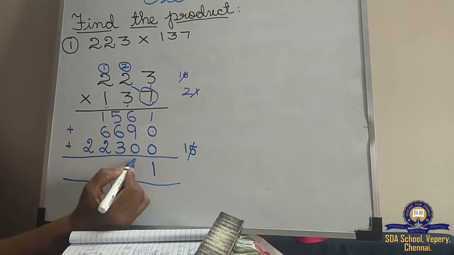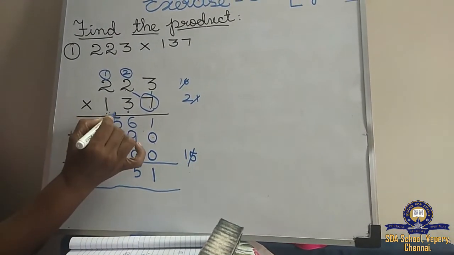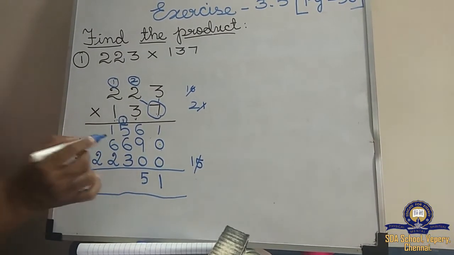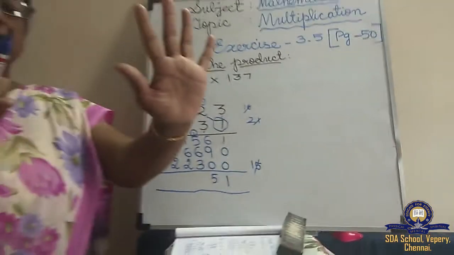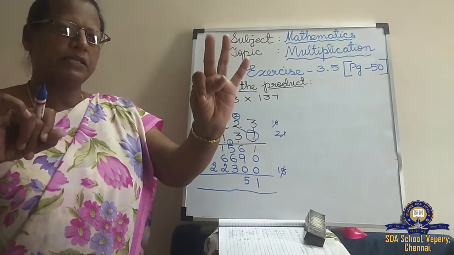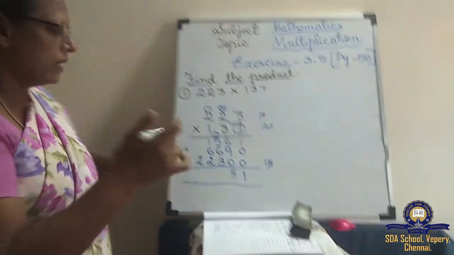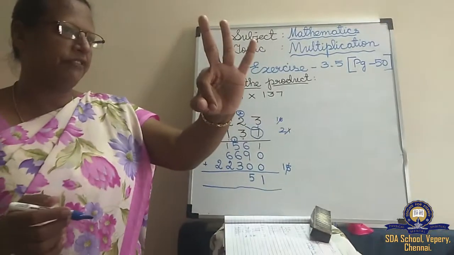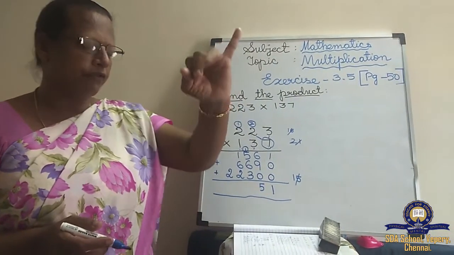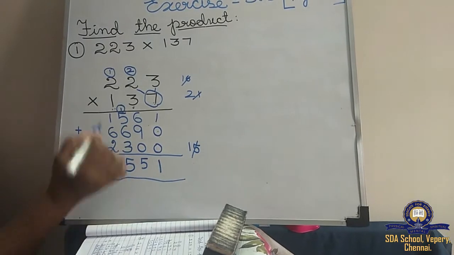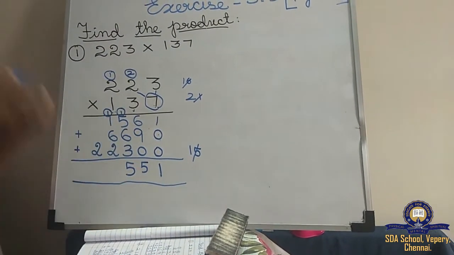You have to put 5 here and carry over 1. 1 plus 5, 6. 6 plus 6: 6 in the mind, 6 on the fingers. After 6, 7, 8, 9, 10, 11, 12. 12 plus 3: 12 in the mind, 3 on the fingers. After 12, 13, 14, 15. Once again 15, so put 5 here and carry over.